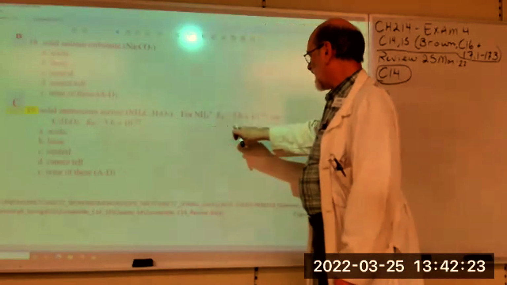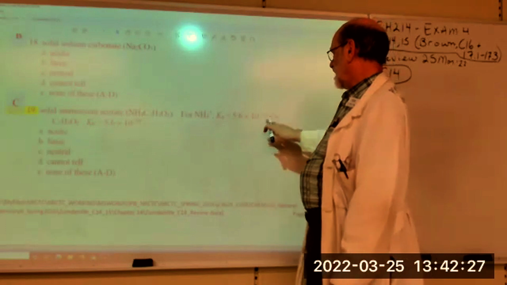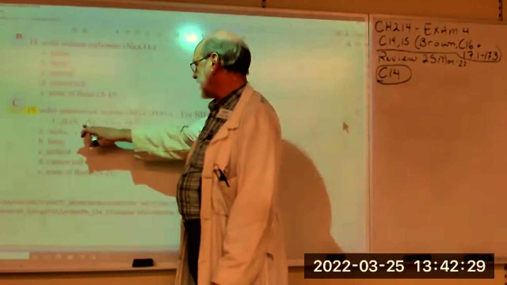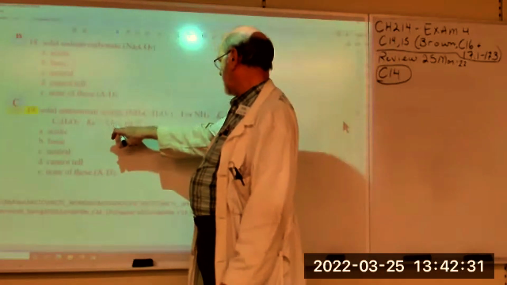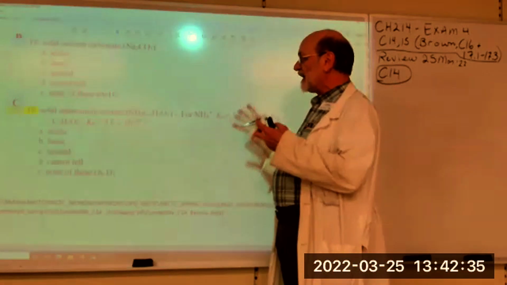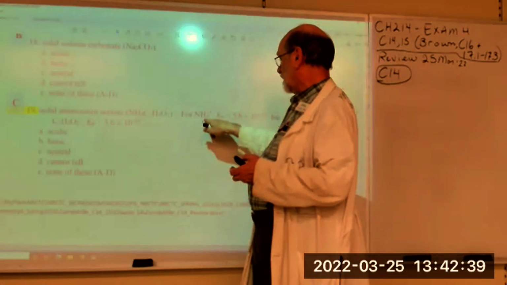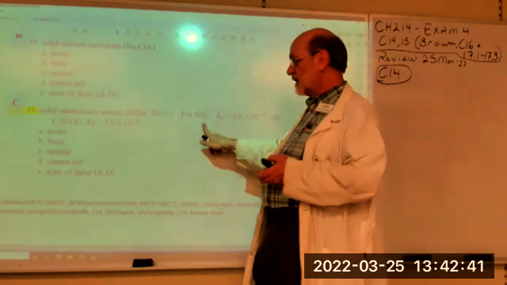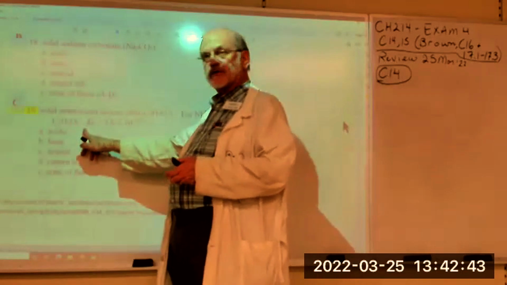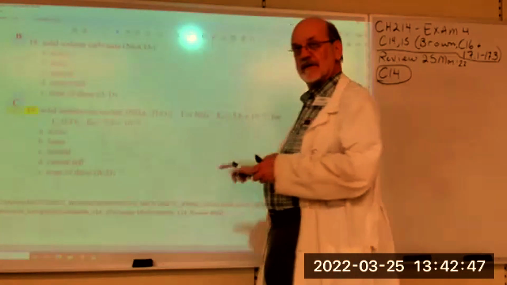So for ammonium, the Ka is 10 to the minus 10. And for acetate, Kb is 5.6 times 10 to the minus 10. These are competing. This is competing for delivering a proton to water, and this is competing for extracting a proton from water. And they're equal in strength.